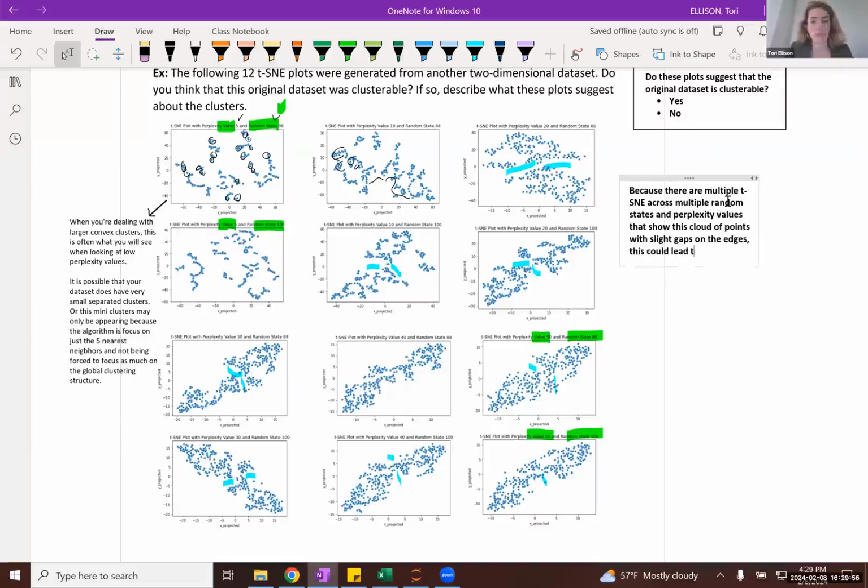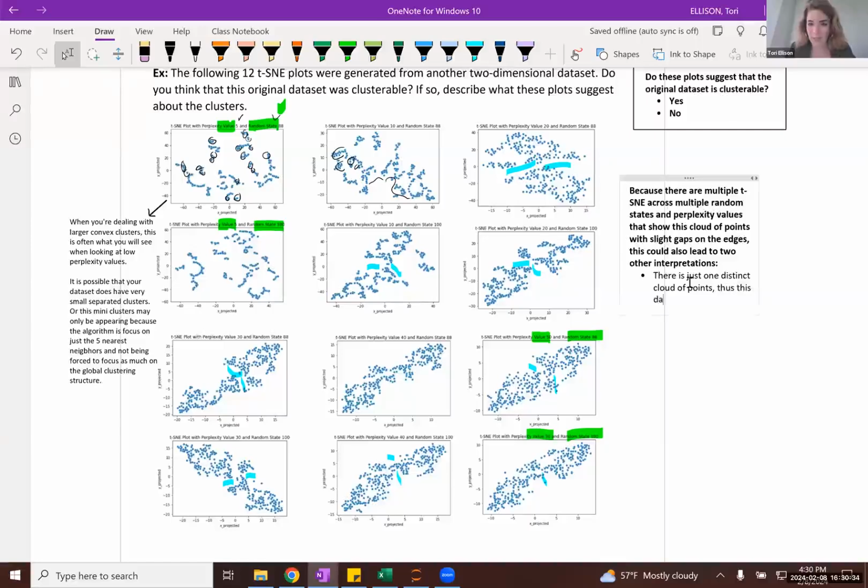This could also lead to two other interpretations. It could be the case that these two gaps we're seeing here are simply a fluke. Based on how you're examining the edges of this cloud of points, you might say, I only see one distinct cloud of points here.